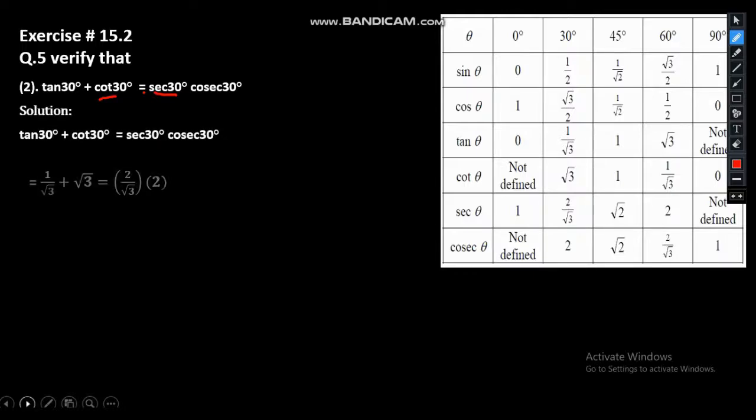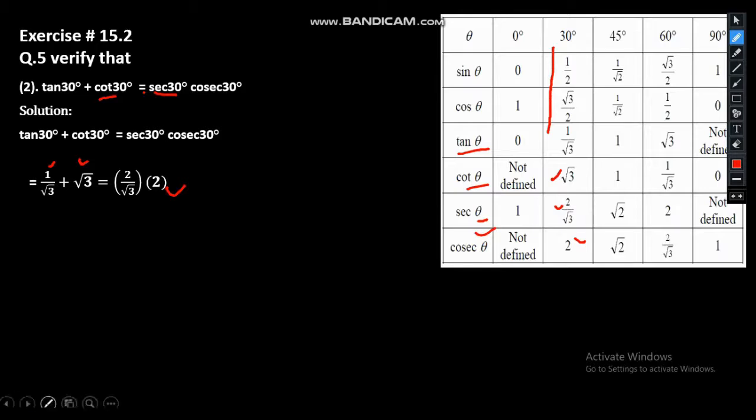Solution. Here tan 30 degree is equal to 1 divided by under root 3, plus cot 30 degree, which is equal to under root 3, equal to sec 30 degree, which is 2 divided by under root 3, and cosec 30 degree, which is equal to 2.